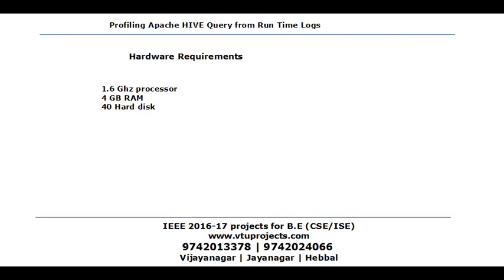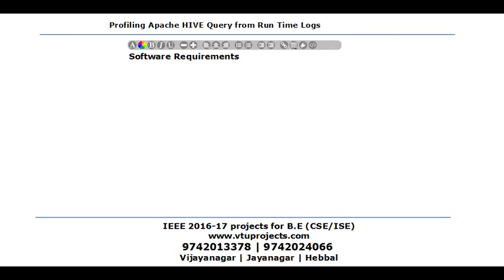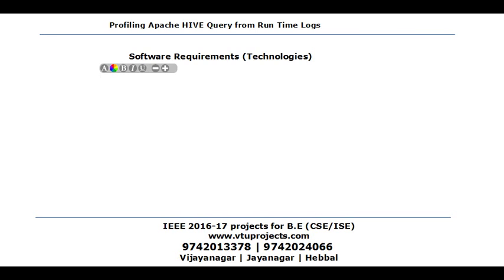Okay, so in terms of software, you can also treat this as the technologies we are going to use. So this is very important. I would like to divide these technologies into two things, the front-end technologies and the back-end technologies.